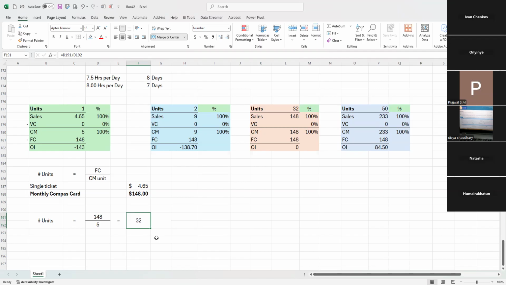Break-even point simply tells you at which point you cover your fixed cost, or at which point you're using your fixed cost to the full maximum. Because you already pay for it anyway. Now the question is, can you use it? That's the key point here.